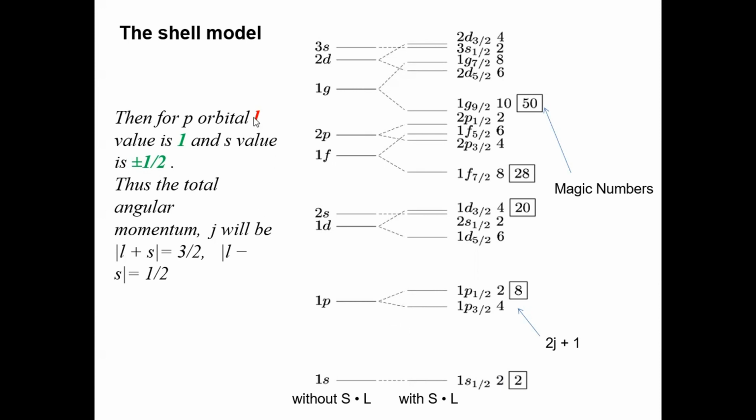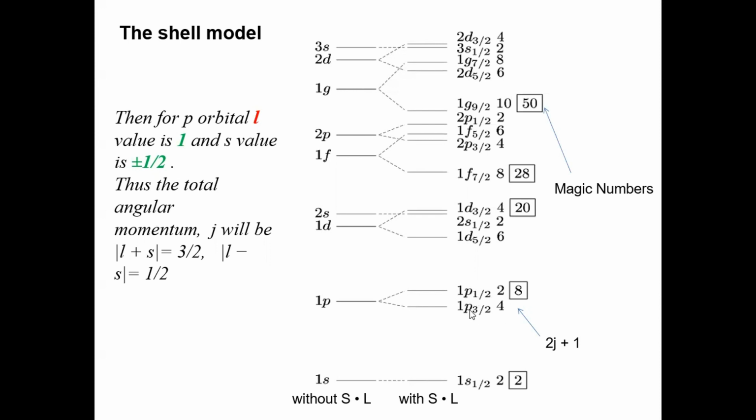Now, let us check it for L is equal to 1. L is equal to 1, S can be plus minus half. Then L plus S is 3 by 2, L minus S is half. So we can see 1P has 2 possibilities, 1P 3 by 2 and 1P 1 by 2.